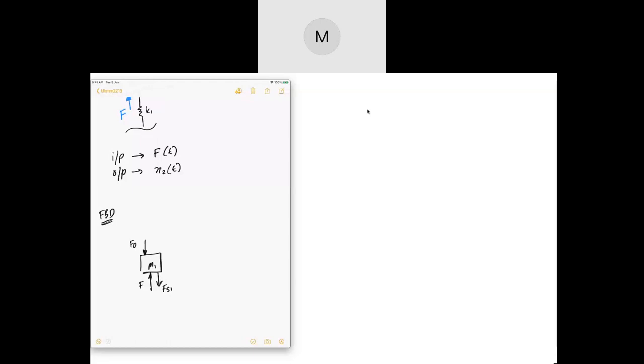So when something is disturbing, for example, when something is pushing it up, it will actually push it back down. It wants to resist the motion. So the force due to the damper will push it down. Similarly, for spring 2, it will also push it down, Fs2. So this is a free body diagram on M1.